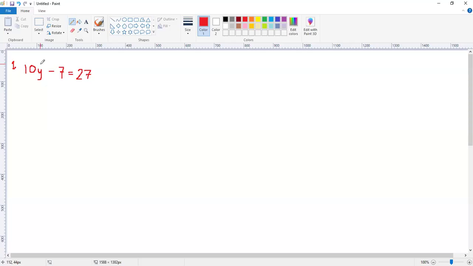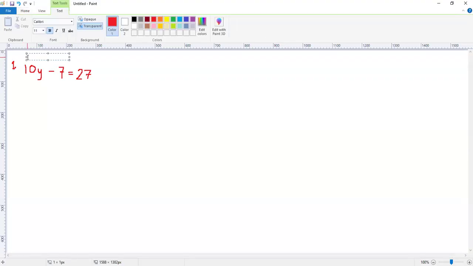Can you hear me? Okay. So the question here says for you to solve for y, to find the value of y. So what would you do first?